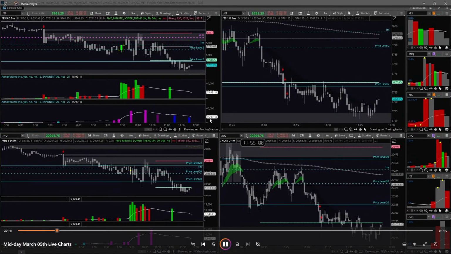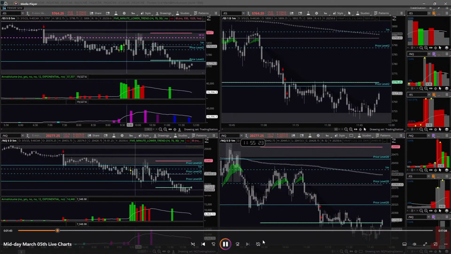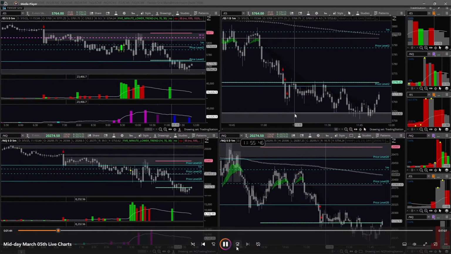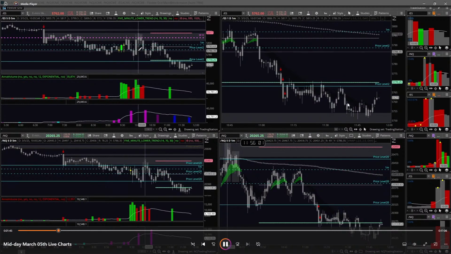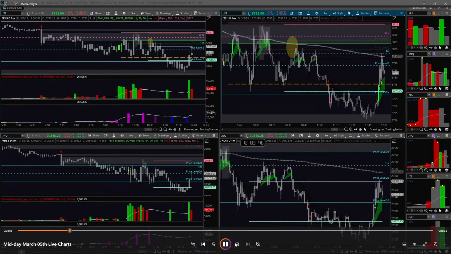It's the blue, and then boom. So maybe I could have entered there. Stop loss right under. But that's just speculating. No one wants to say that price would have actually gone up for me. But it is above this, so we did pop the head above. Stop loss would have been down there.